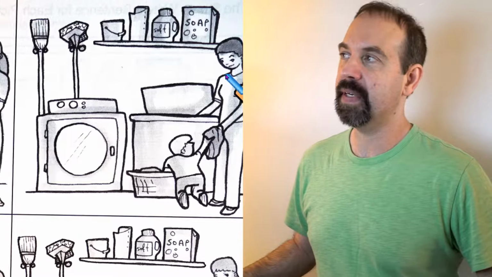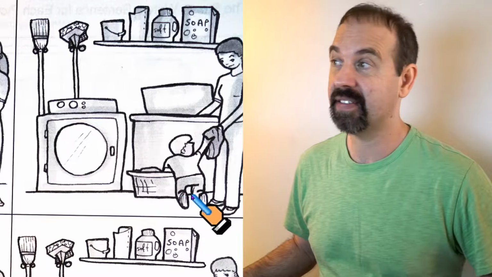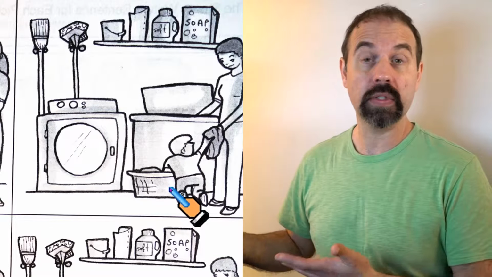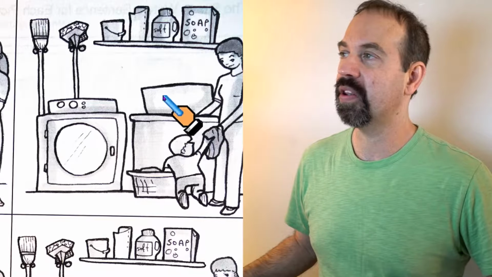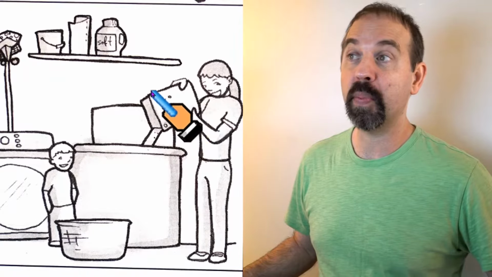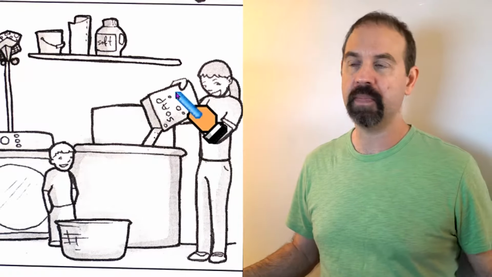In the second image, we could see the child on his knees, and he is handing his mother the clothes. And she's putting the clothes into the washer. In the next image, we see the mother pouring soap into the washing machine or the washer.